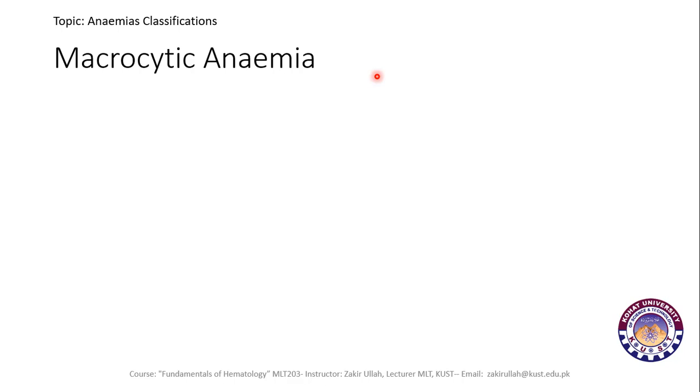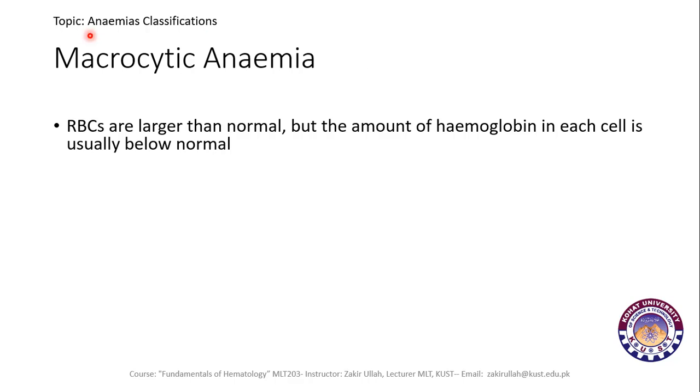The second type of anemia on the basis of morphology, the size of the red cells and the amount of hemoglobin it contains, is macrocytic anemia. Macro means larger and cytic refers to the size of the cell. So the red blood cells' size is larger than normal, but the amount of hemoglobin in each cell is usually below normal.